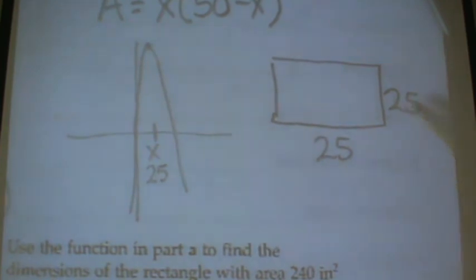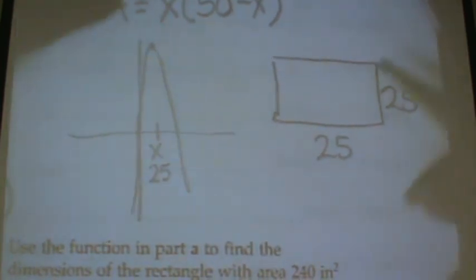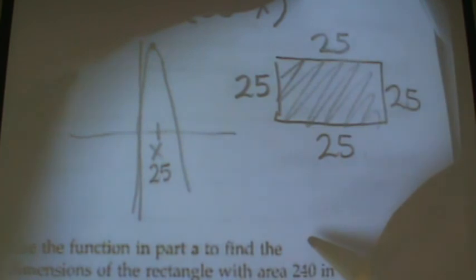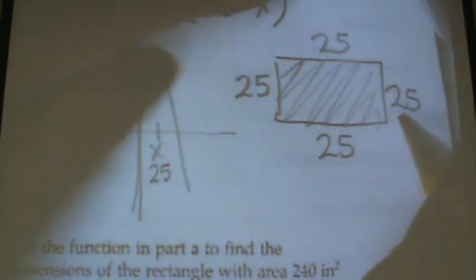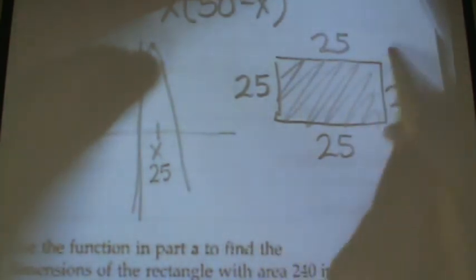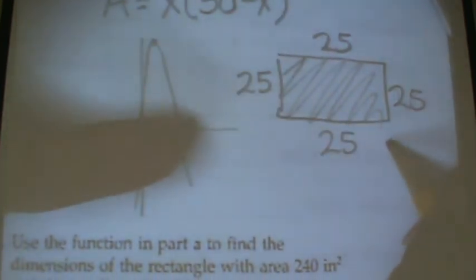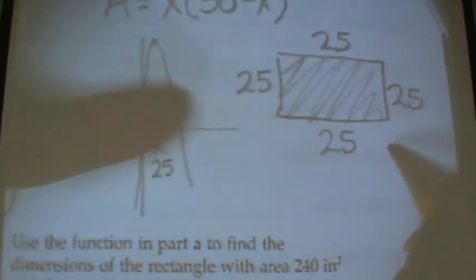So see if this makes sense to you. We would have a 25 by 25 rectangle. It's actually a square, right? So if this were 25 by 25, is our perimeter 100? Yes. And only if the sides are 25 are you going to get the biggest area of this rectangle.